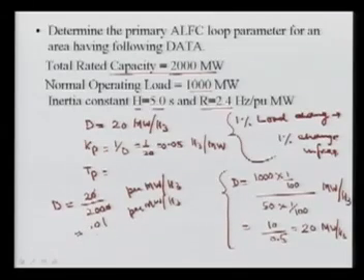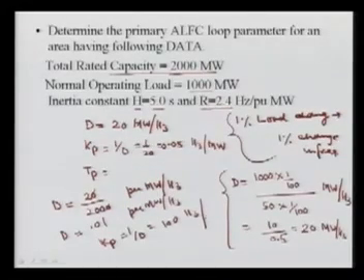So this is your D. Now Kp in per unit will be the reverse of this, 1 over D, and this value will be nothing but your 100, now hertz per unit megawatt. So this will be your Kp, and here you can say the Kp we just got is 100 hertz per megawatt power, meaning a 1 per unit megawatt change will cause a 100 hertz change in the frequency. That is what D says.